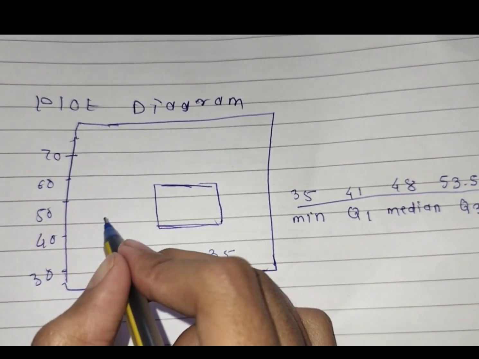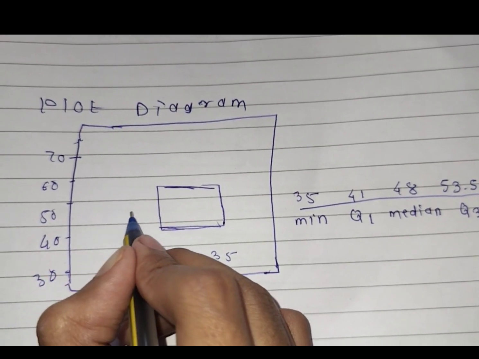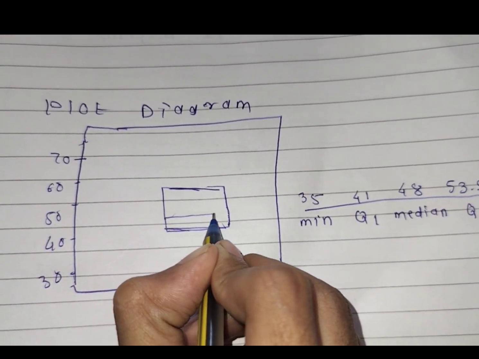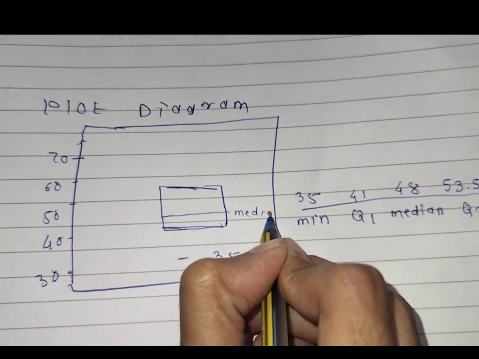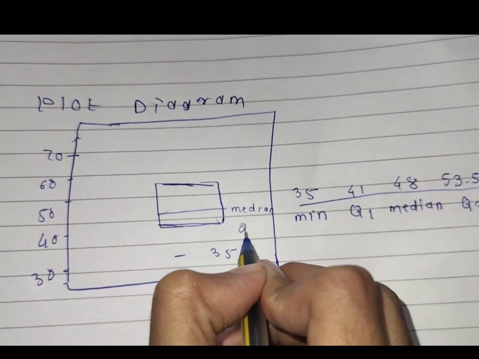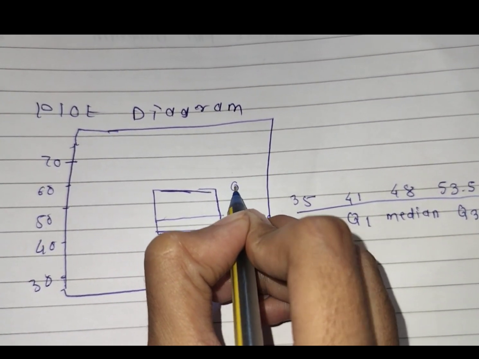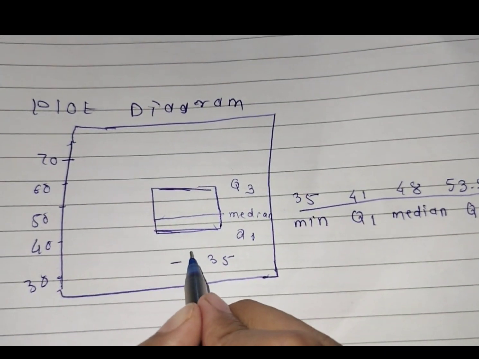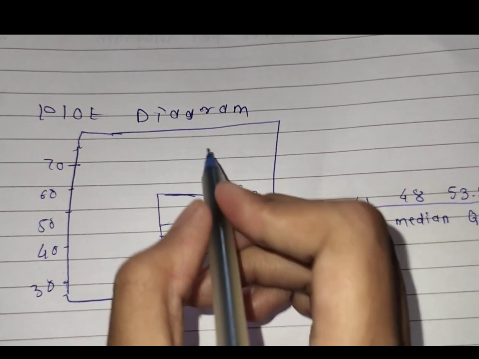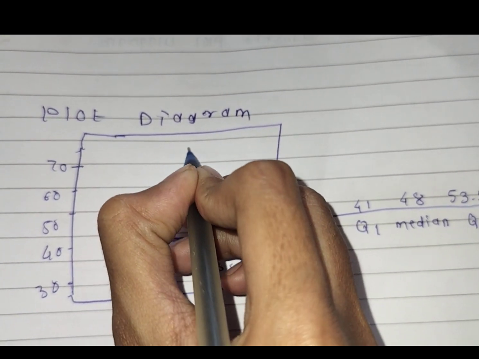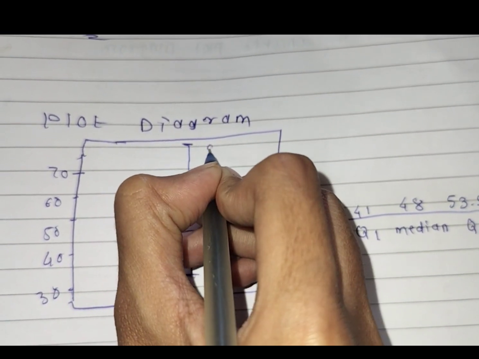And we have the median at 48. So we will mark 48 here. So this will be our median. This will be our Q1 and this will be our Q3. And here we have our min. And we have our max at 90.